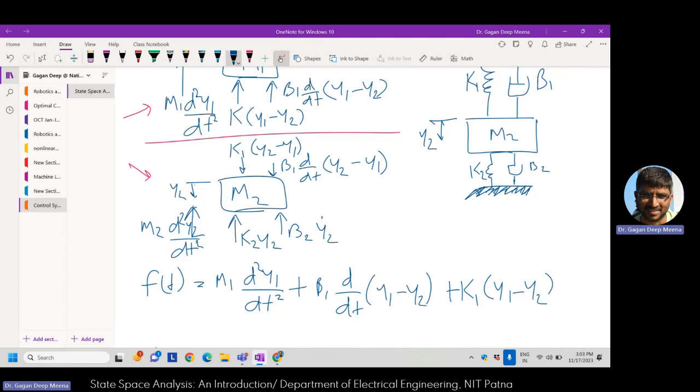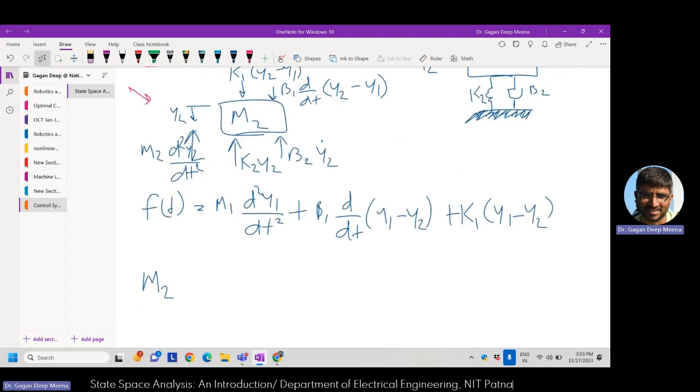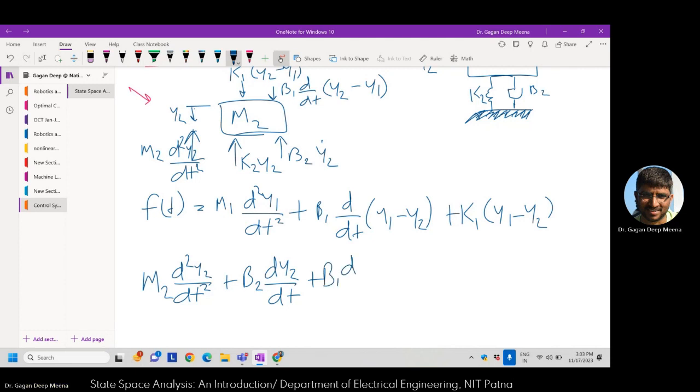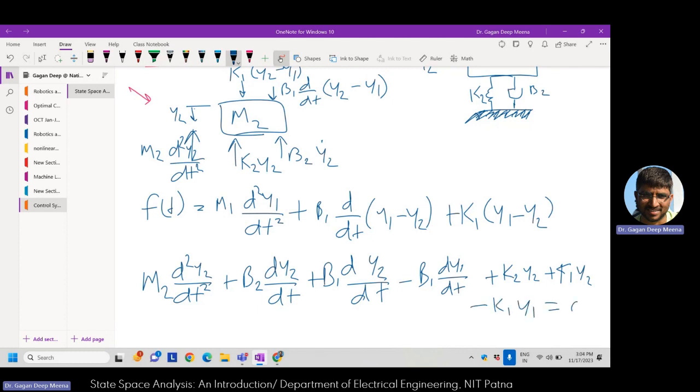I can write this differential equation using this free body diagram: m2 d square y2 by dt square plus b2 dy2 by dt plus b1 dy2 by dt minus b1 dy1 by dt plus k2 y2 plus k1 y2 minus k1 y1 equals 0.